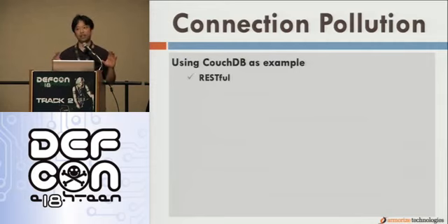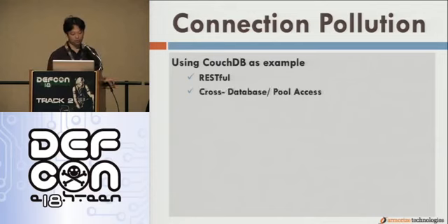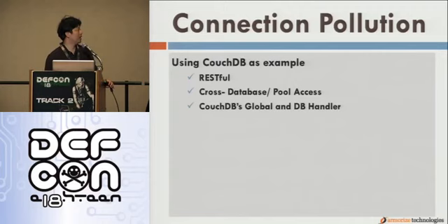The entire CouchDB interface is implemented in RESTful, which allows for cross-database or cross-pool access through RESTful. And all of CouchDB's global and database handlers are also implemented in RESTful.